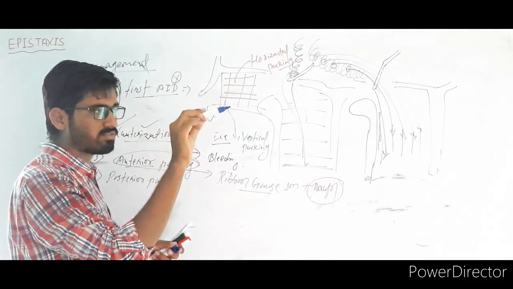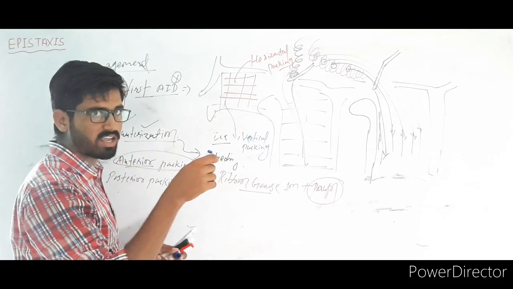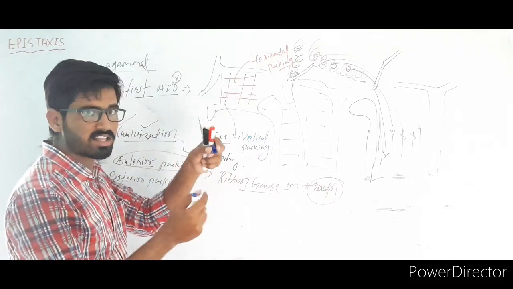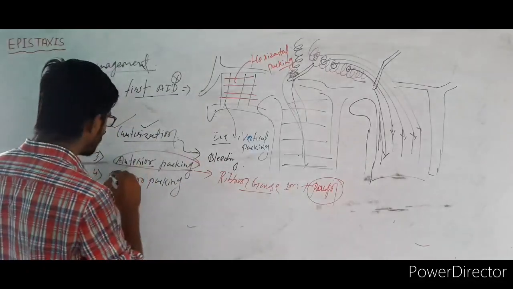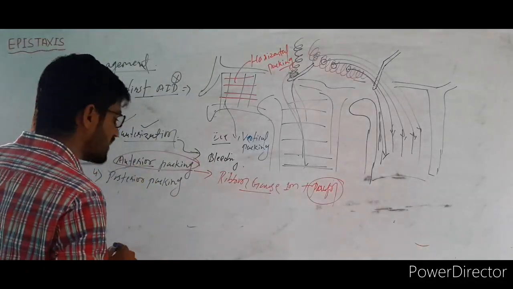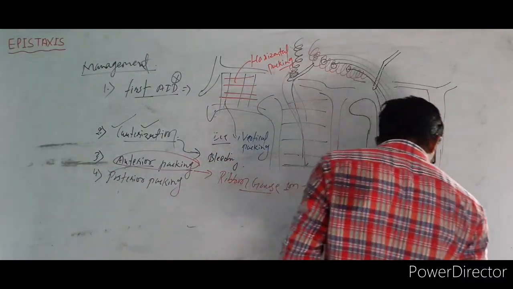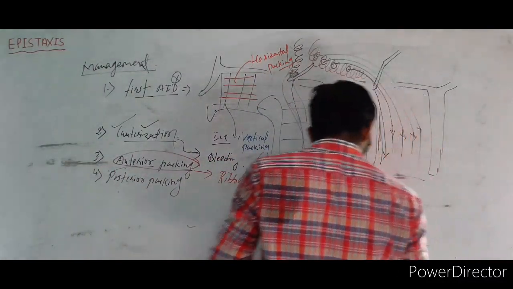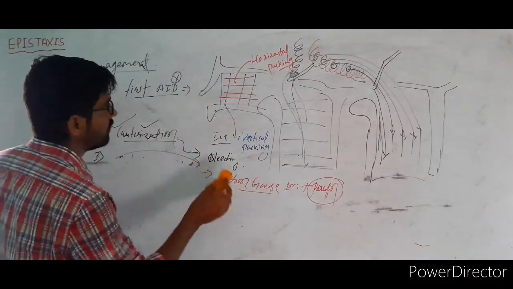One end comes from the nose and comes out from the mouth, and it will be inserted into that part in the pharynx. Right, it will be inserted there. So this is the posterior packing. If it is not controlled by anterior packing and posterior packing, then we have to go with one more thing.